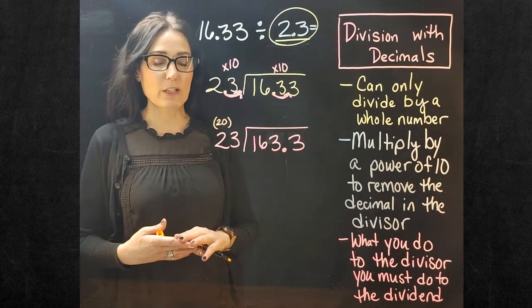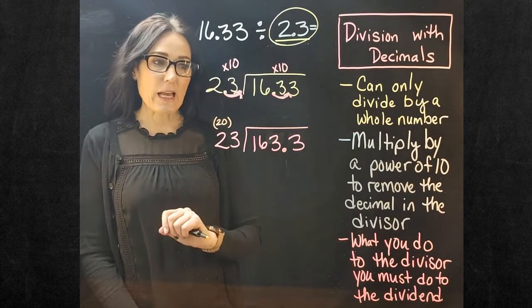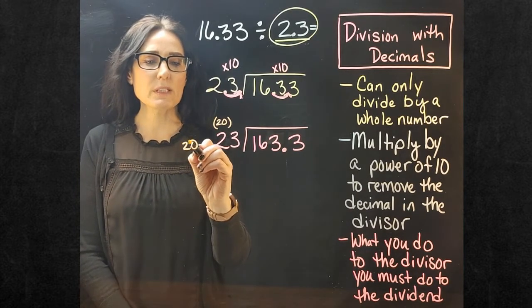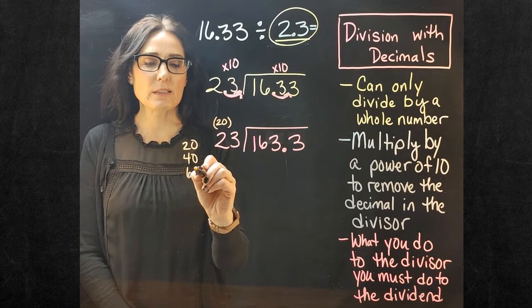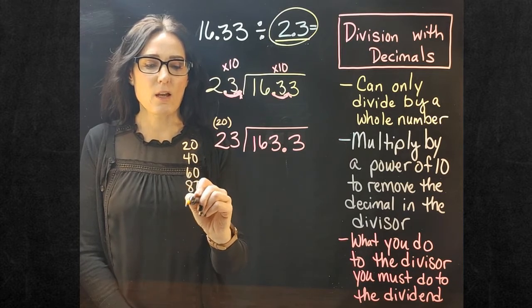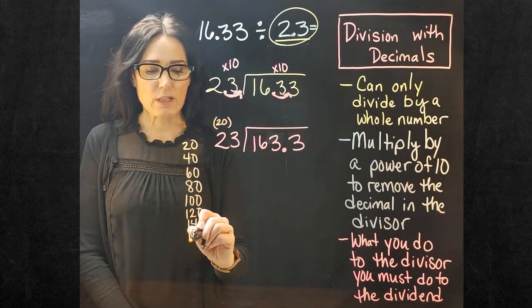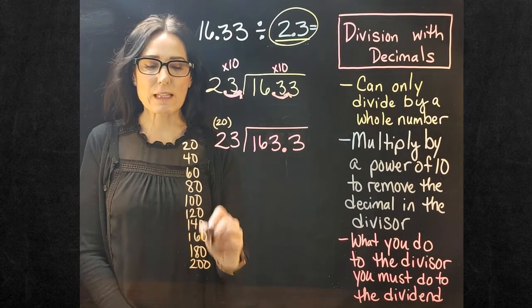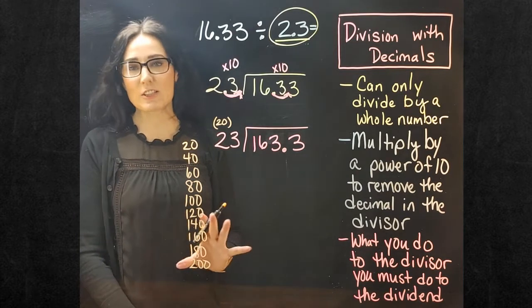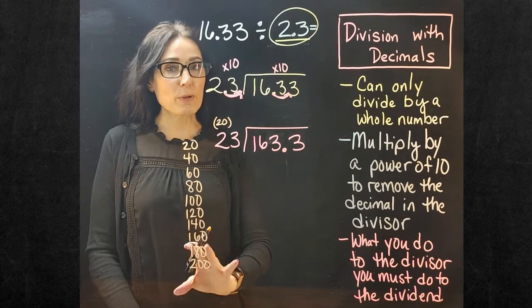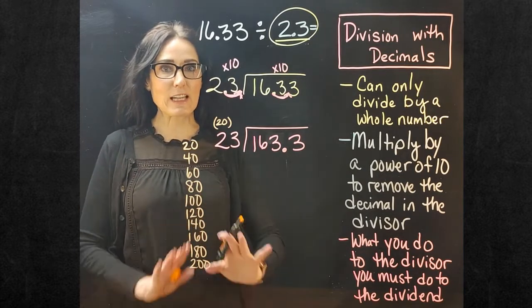So I'm going to count by 20s: 20, 40, 60, 80, 100, 120, 140, 160, 180, and 200. Once I get to the 10th multiple, I can stop. I don't need to go any farther than that. Remember, this is just helping me get close, so I have less guessing and checking.